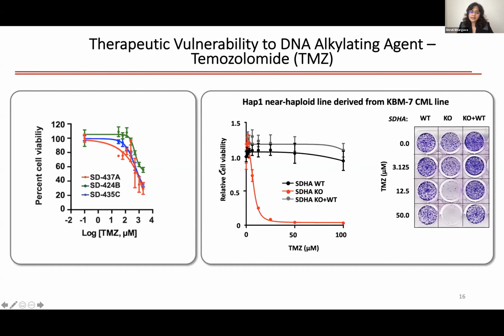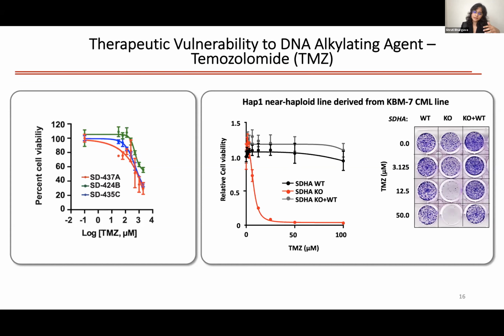We also then asked a question: is this due to the loss of the succinate dehydrogenase complex in the cell? So for this, we collaborated with researchers at OHSU, and the SDH-A gene was knocked out from the cell. Here, the black line denotes the cell line which has active or normal SDH-A. The red denotes the line which does not have SDH-A.